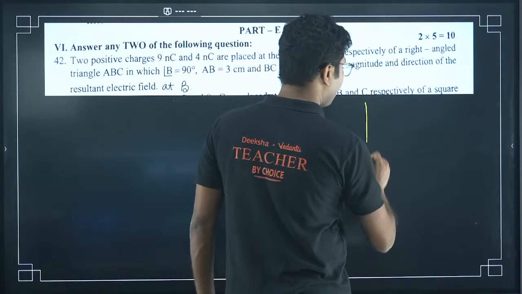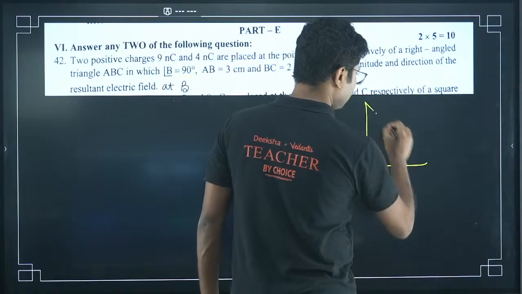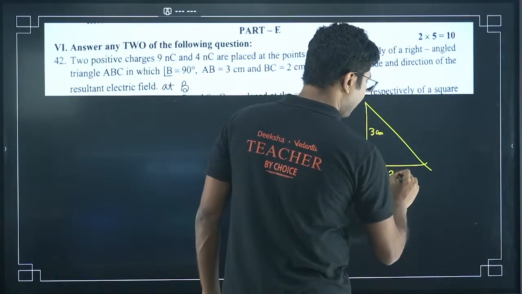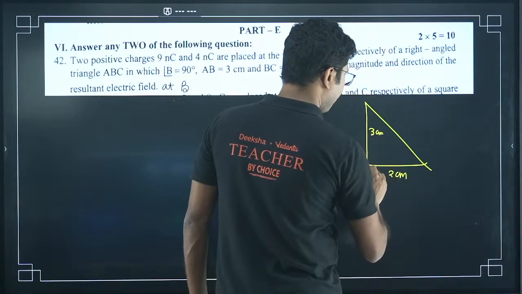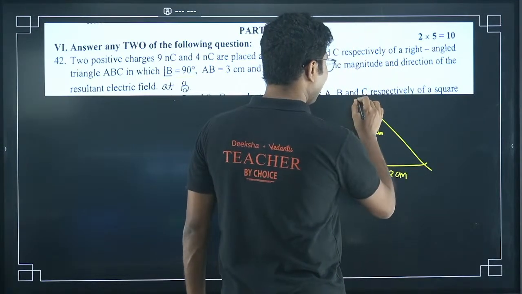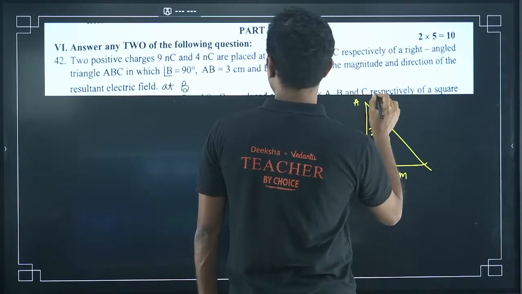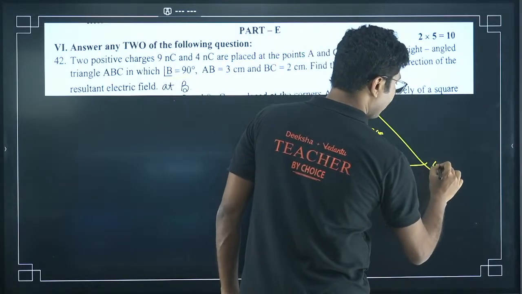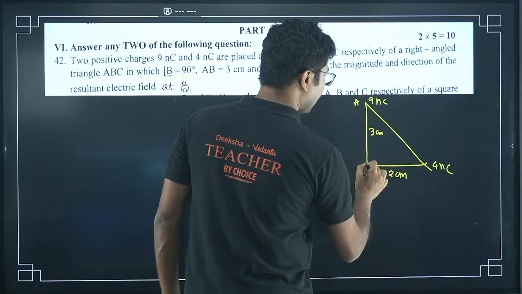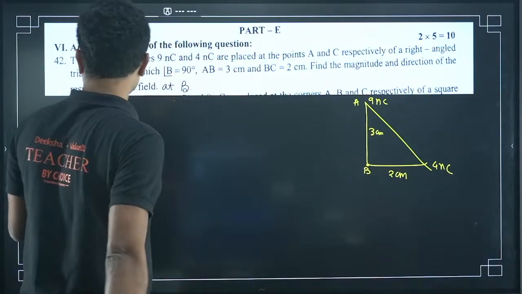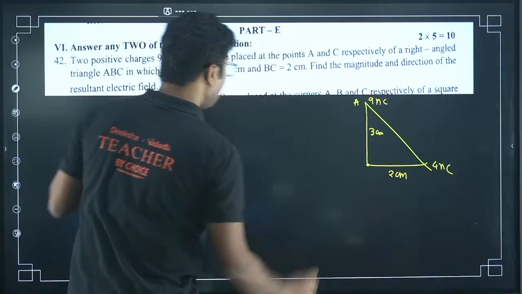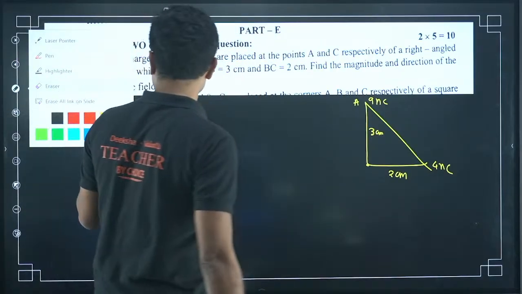So here we have a right angle triangle. This side is 3 centimeter. This is 2 centimeter. This is angle B. This is A. Here we have 9 nanocoulomb, and here we have 4 nanocoulomb. We are trying to find electric field at this point B. First of all, you have to understand that both charges are positive.